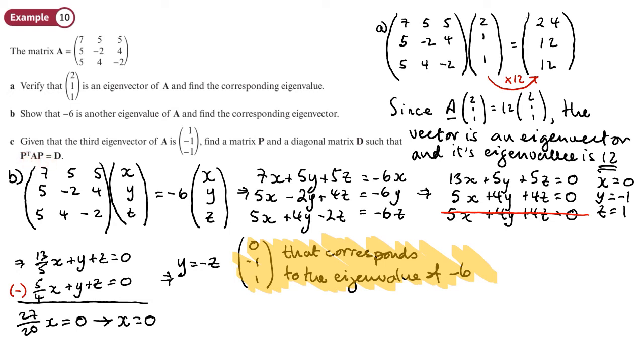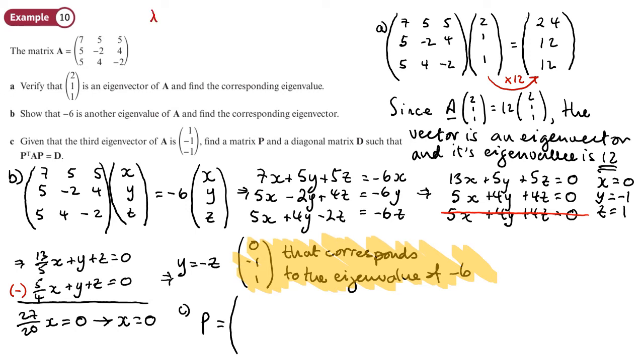Right, so we now have the 3 columns that we need for the matrix P before we normalize it. So in the first column, I'm going to put the eigenvector for part A. What was that? 12. So I'm just going to write this up here.